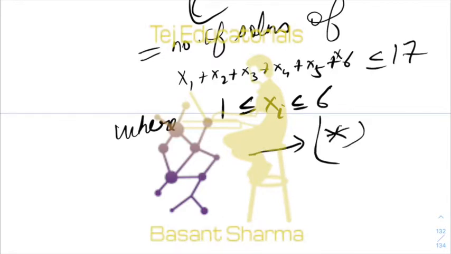But till now we have encountered only cases where we had equality. So how to handle this inequality?